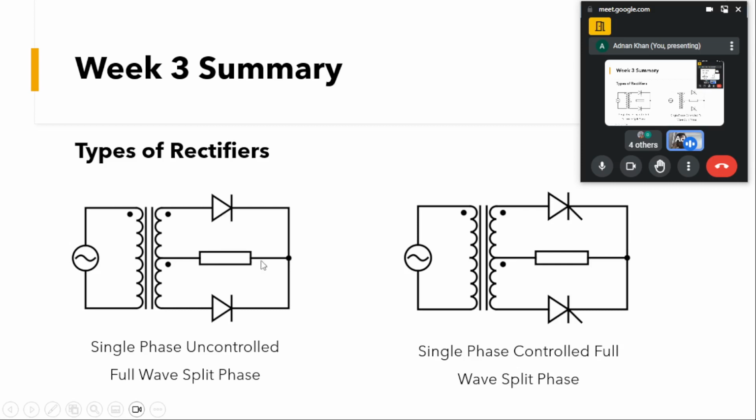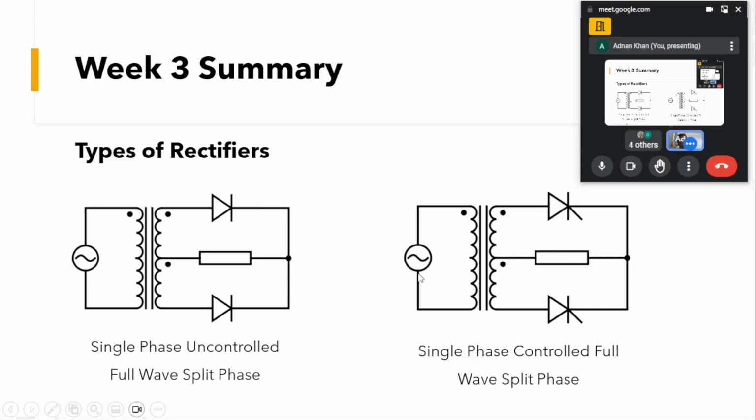Through this, the load is connected to the midpoint, and across this load we'll be able to have both the positive as well as the negative half. This is an uncontrolled one, because uncontrolled devices, diodes, are being used here.